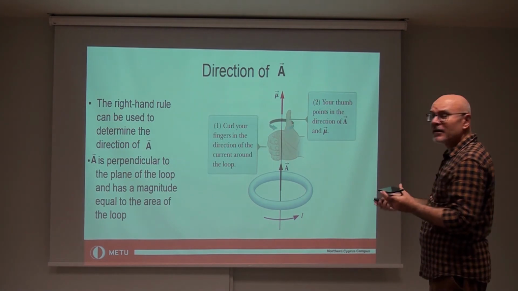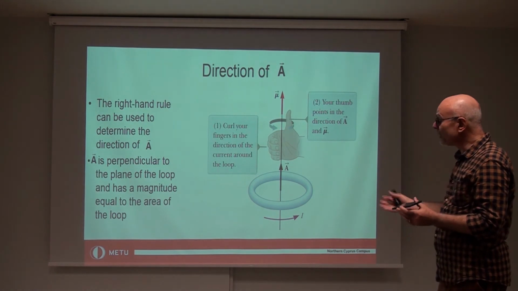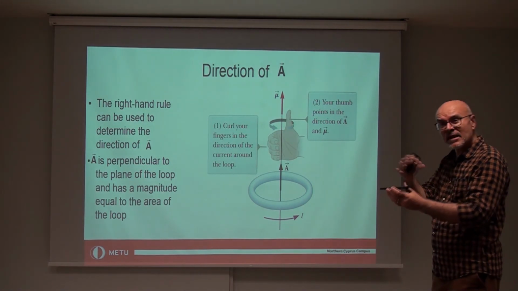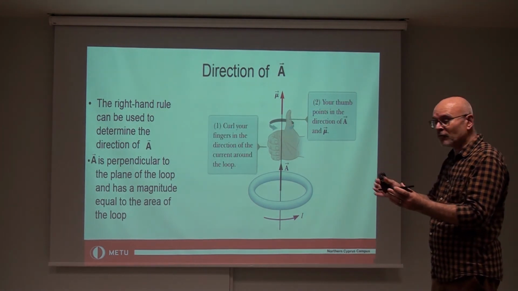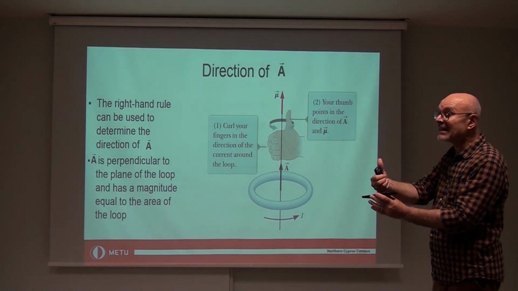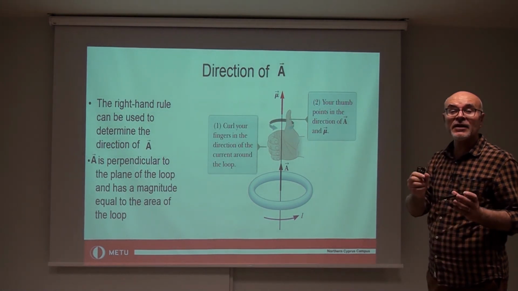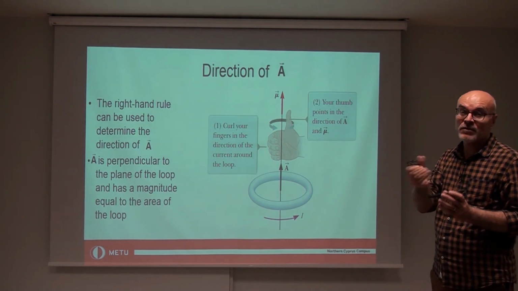Okay? Here comes the right-hand rule, and it says that you let your right-hand fingers curl with the direction. This applies to any loop, by the way, not only for our rectangular loop. You let your right-hand fingers curl with the direction of the flow of the current. In this case, your thumb gives you the direction of the area vector that you have to define. Okay, so this is how you define it.